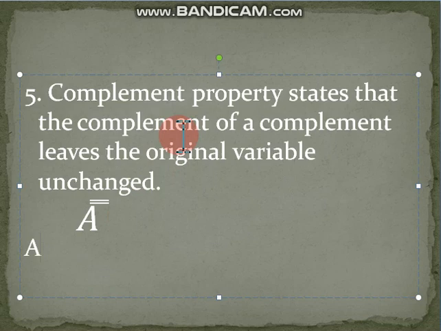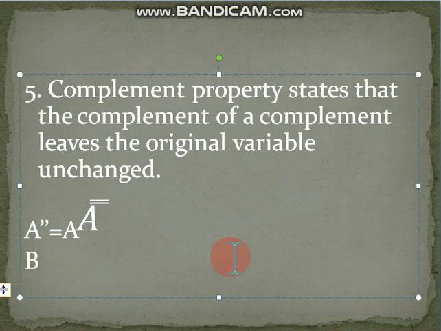Okay, my PC is giving me issues, so I'll use these. So take this as a complement of a complement. It leaves the original variable unchanged. So if you have a complement of a complement, the original variable will remain as it is. Even if I had b, complement of a complement, will still leave the original variable unchanged.